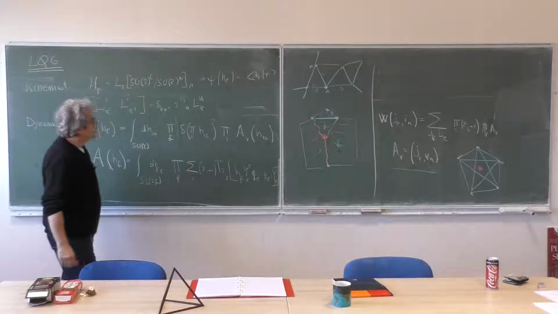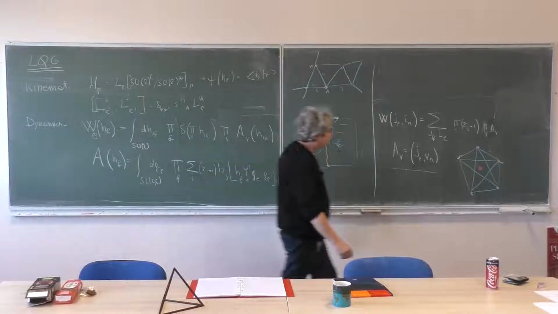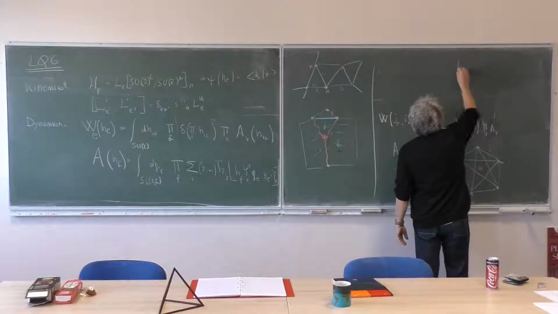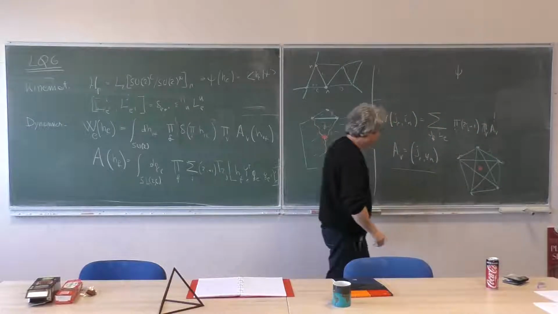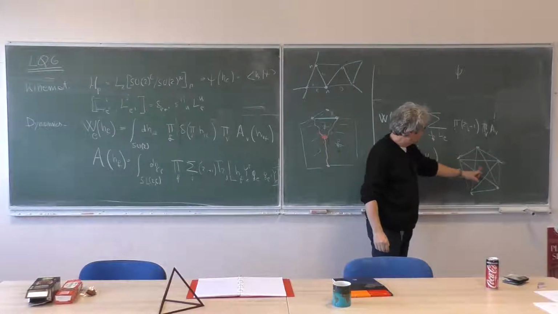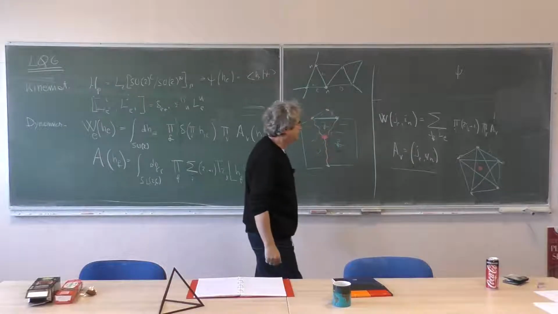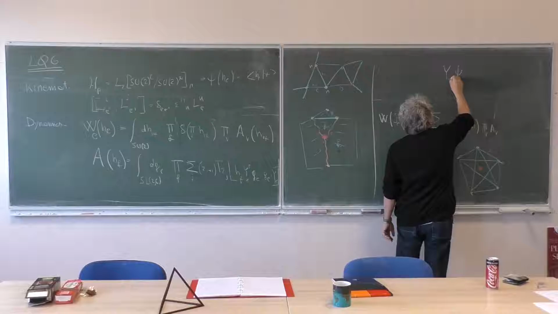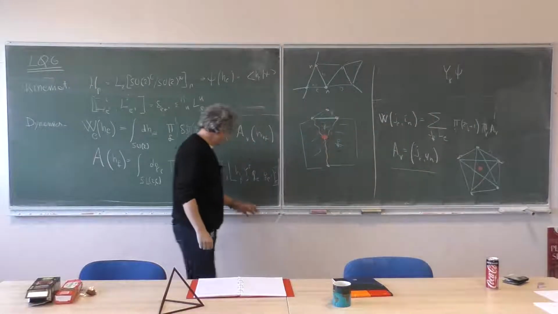If the state around the vertex is a function of SU2, because if you view it in the SU2 basis it's a function of SU2, with this Y map you can map it into a function of SL2C, and this is what is happening here.